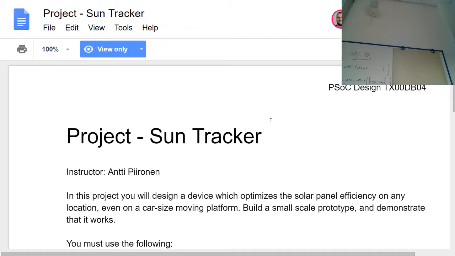And then fundamentally you could have a light sensor. Does it have a light sensor? I hope that's a light sensor.